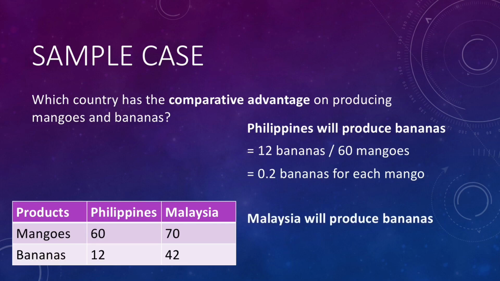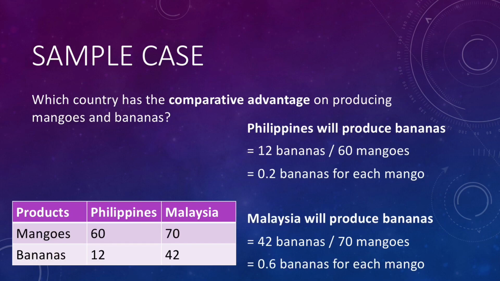If Malaysia will produce the bananas, 42 bananas will be produced instead of 70 mangoes for that labor hour, giving a 0.6 bananas sacrificed for each mango. At this point, it is clear that the Philippines should be the one to produce mangoes because it will only sacrifice 0.2 bananas rather than 0.6 when Malaysia will do it.